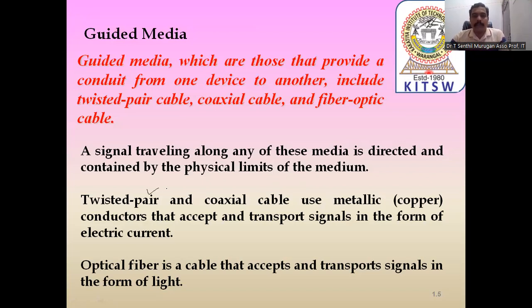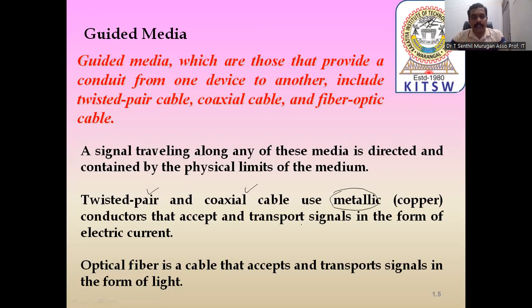Twisted pair cable and coaxial cable use metallic conductors. Okay. The conductor is used to transmit the signals. Metallic means copper wire.